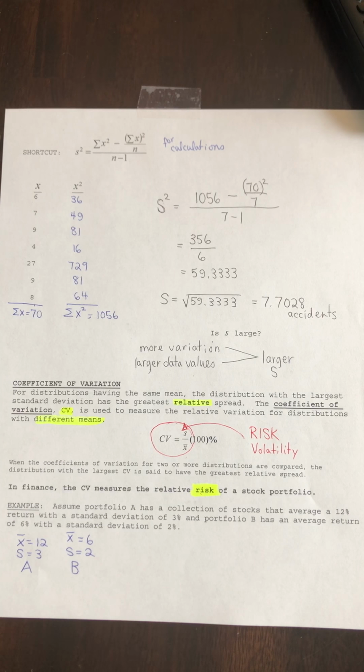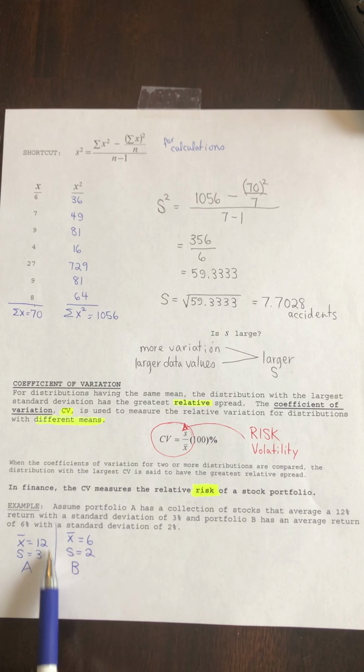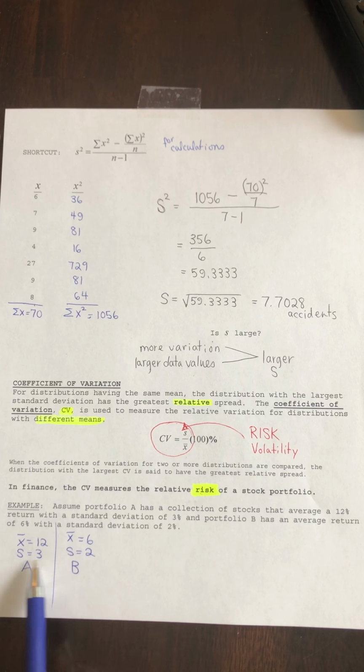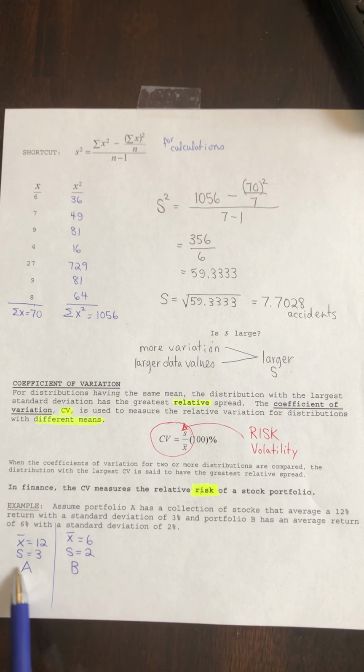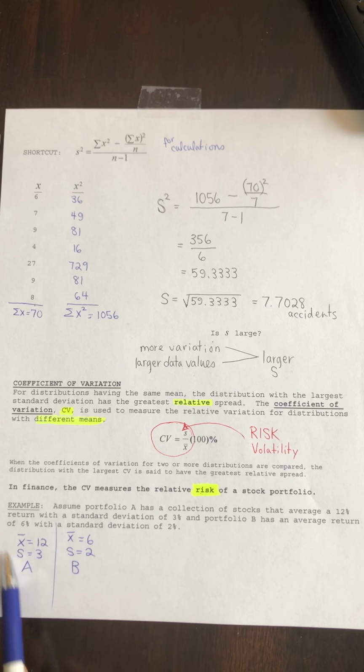Now if you look at these separately, it looks like A is probably a little bit more risky. Why? Because it has a higher standard deviation, but it also gives you a much bigger return. And we know that riskier stocks will give a better return in the long run.